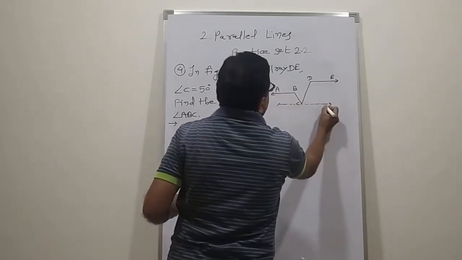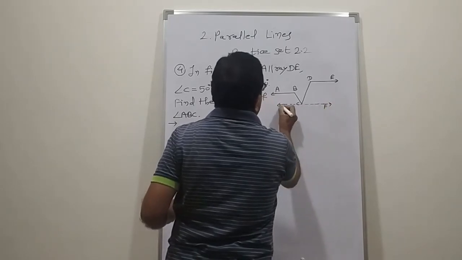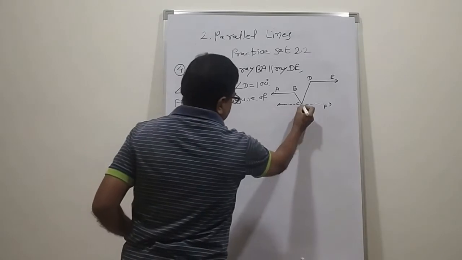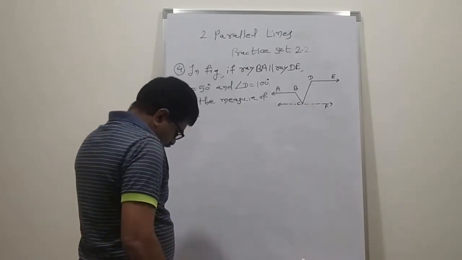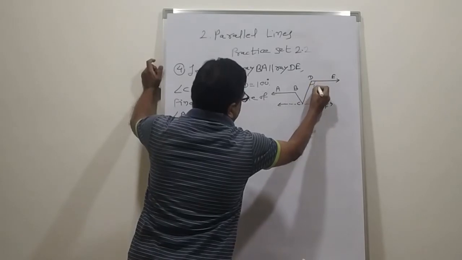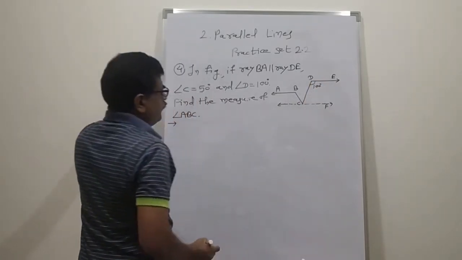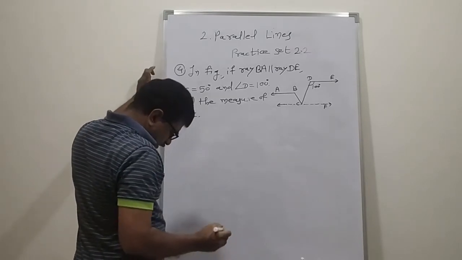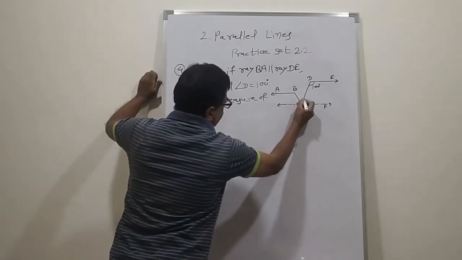Suppose this is CF. We have given this angle is 100 degrees. Angle C, this angle, is 50 degrees.